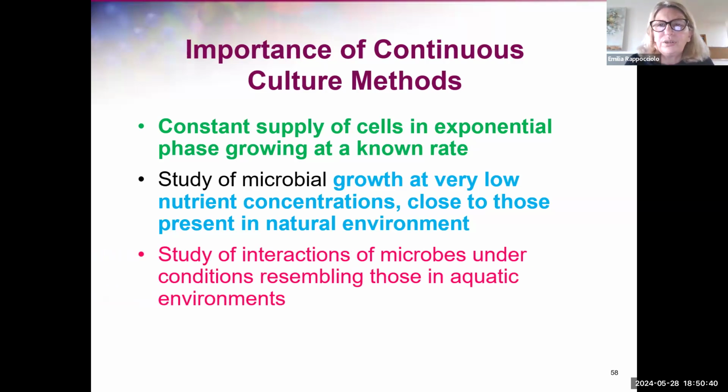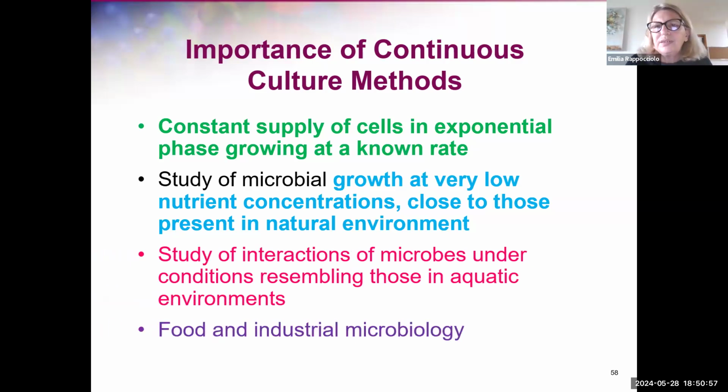You can use this for studying growth. You can use this to study what is limiting nutrients for different organisms. But most of the time, this is something that is done for food and industrial microbiology in order to produce something that is useful.